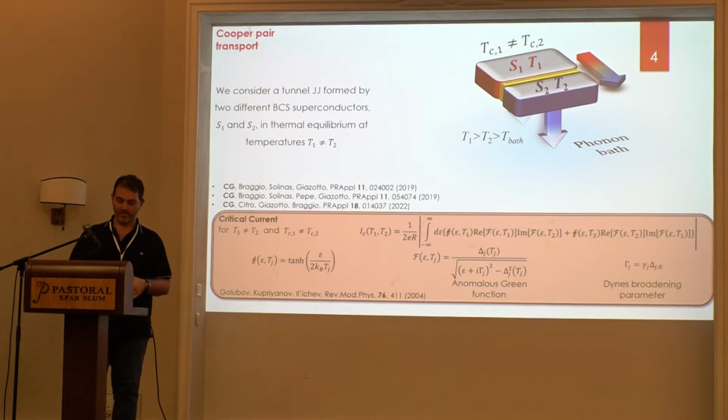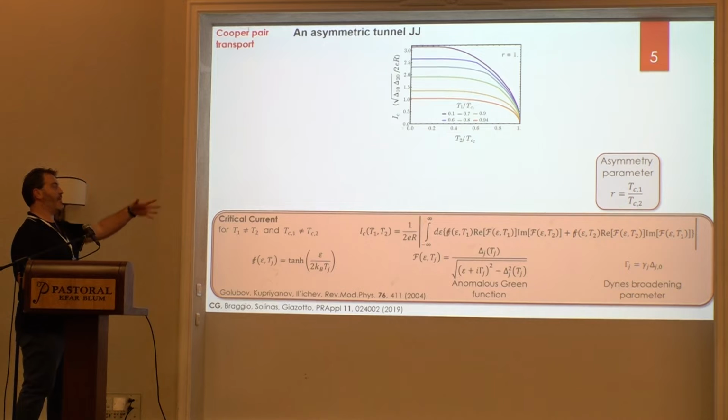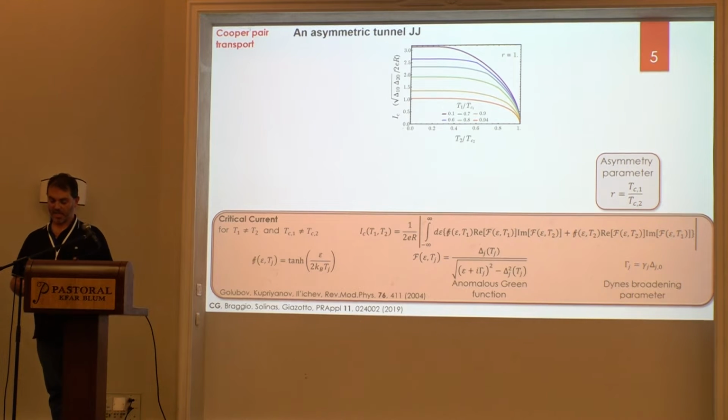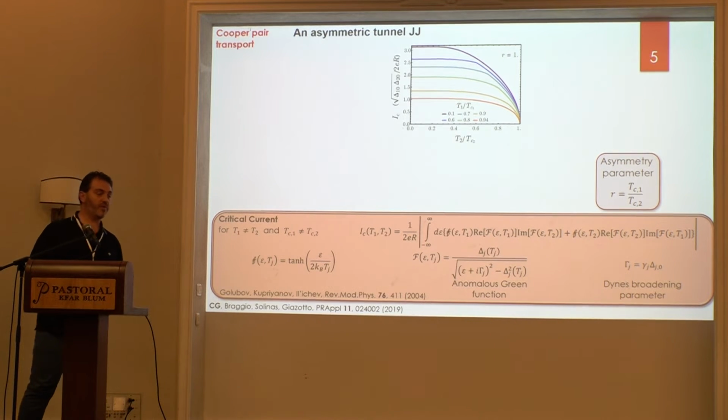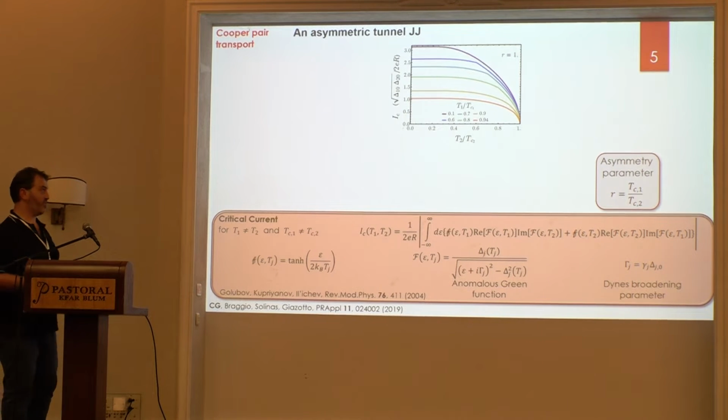So what happens to this system? First of all, define some parameter, the asymmetry parameter that here I have. We are assuming BCS superconductors, so at the end of the story it is simply the ratio between the critical temperatures of the system.